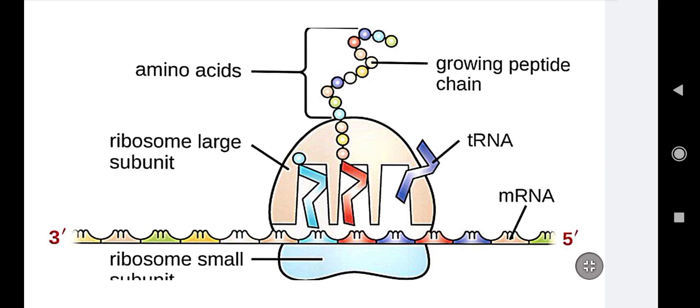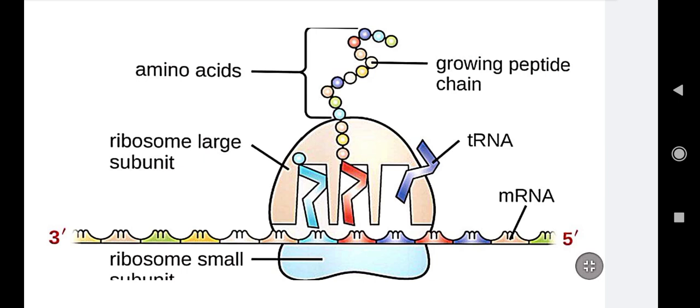You can see the two subunits here, the small ribosomal subunit and the large ribosomal subunit. They actually get assembled here during translation, but otherwise they are not assembled previously.